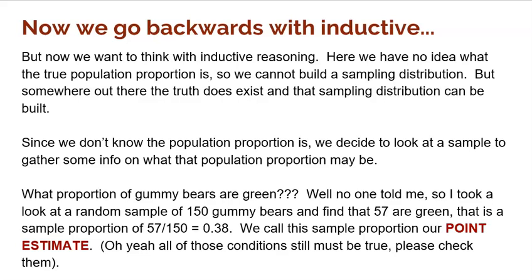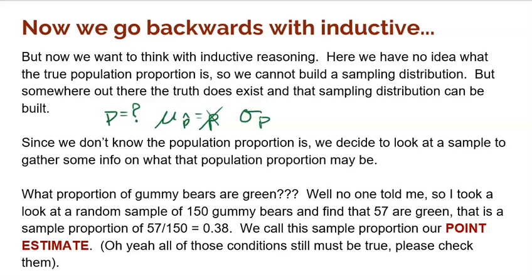That's inductive reasoning. Statistically, we have no idea what the true population proportion is, right? We're clueless. We have no idea what the truth is. So unfortunately, we cannot build a sampling distribution. Because remember, to build a sampling distribution, the mean of all the samples is the truth. Well, we don't know the truth.